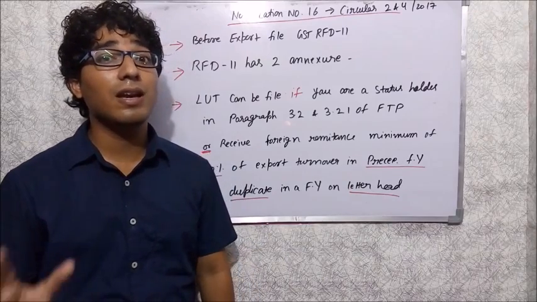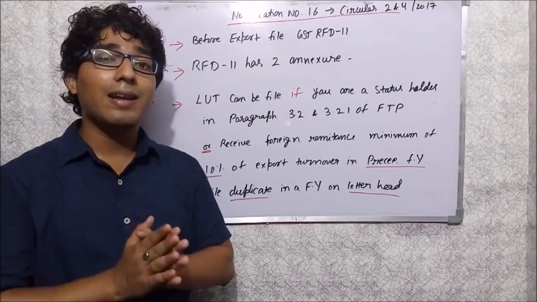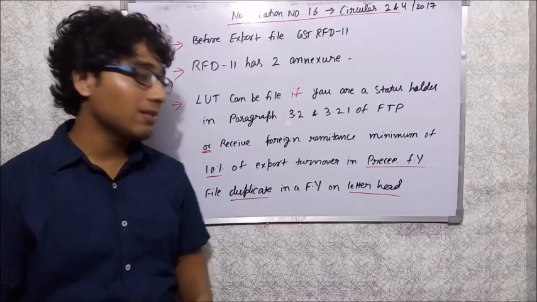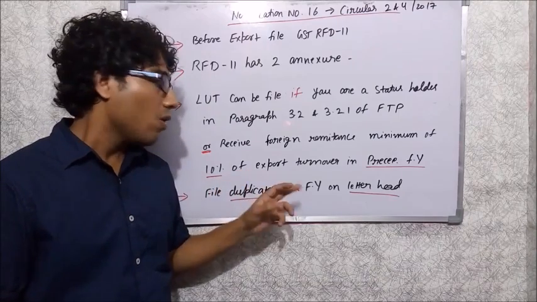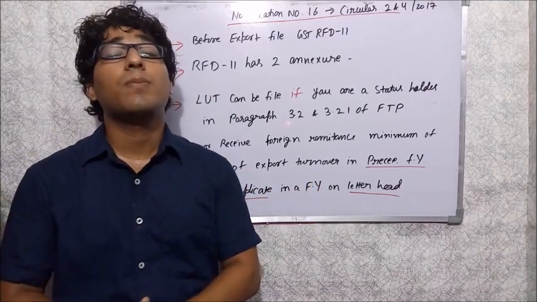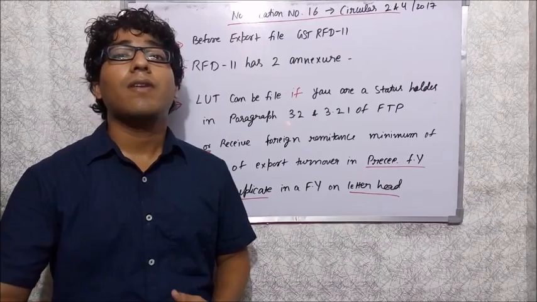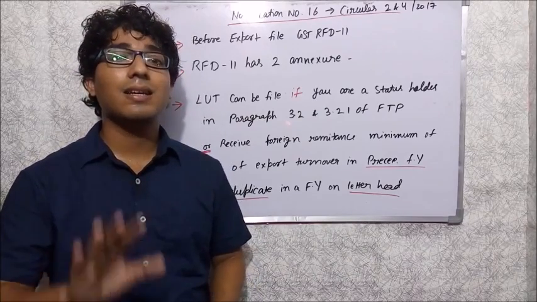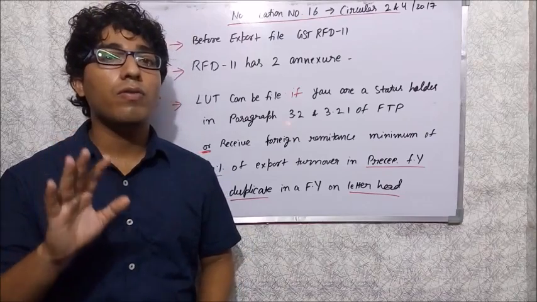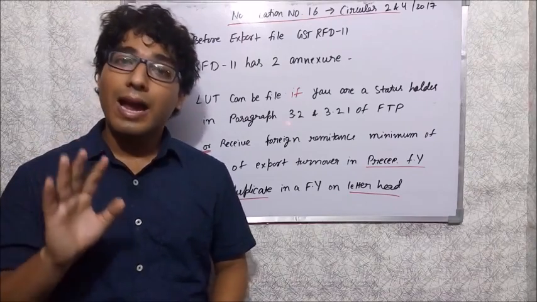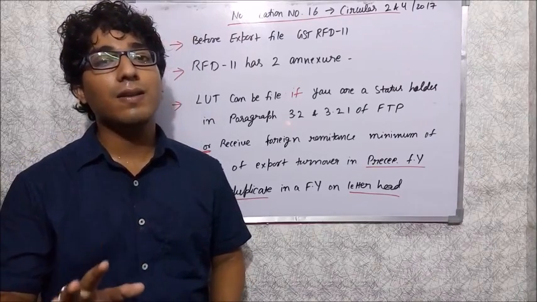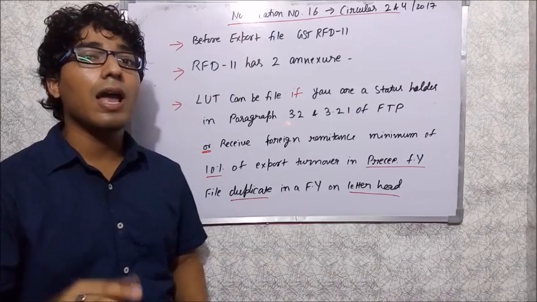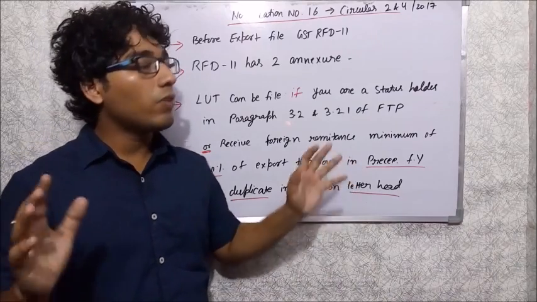So in the preceding financial year, you should at least get due foreign inward remittance of 10% of the export turnover. So in the previous year, you have to check that whatever the due foreign inward remittance was, you should at least get 10% of the export turnover. And remember that 10% is there, but the actual amount should be at least 1 crore rupees.